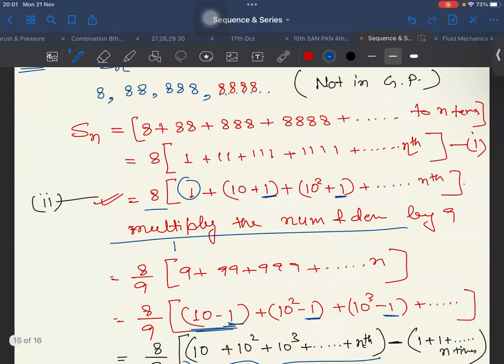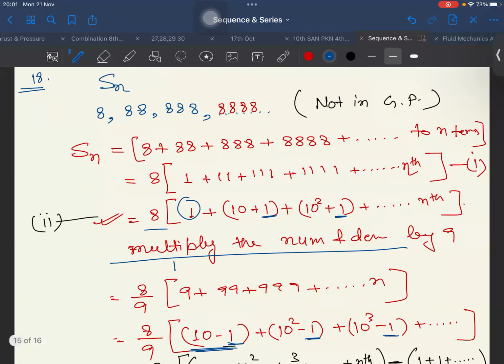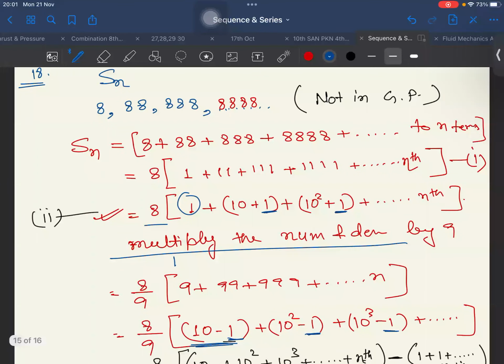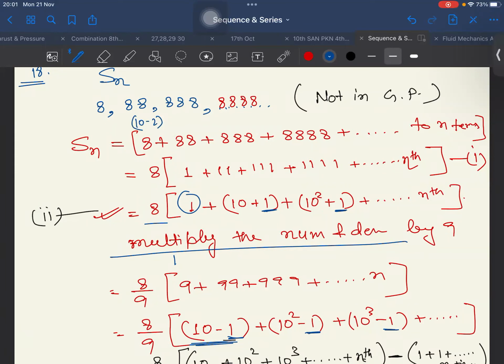Let's do it from here. This term you can write 10 minus 2. This you will write 100 minus 12, right? So you are not getting that 1. Here you will write 1000 minus 22, right?